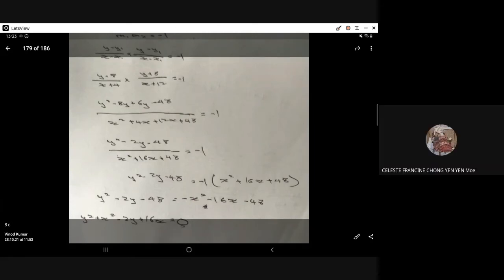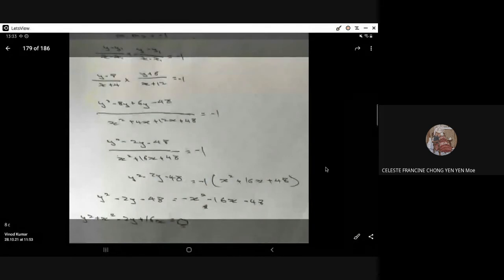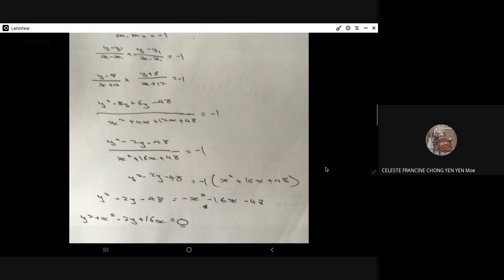And then when we calculate it, we'll get y squared minus 2y minus 48 over x squared plus 16x plus 48 equals to -1. And from here, we take the whole denominator and move it to the right. So we multiply the -1 into the whole expression on the right, and then we will get y squared minus 2y minus 48 equals to -x squared minus 16x minus 48.